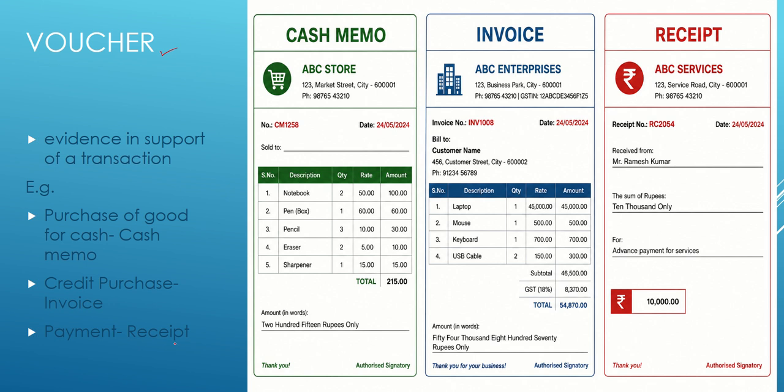So when you are entering such a transaction, you have to make sure that there is a supporting voucher for it, so that you can go back tomorrow and refer to it whenever it is required. I have given specimen models under voucher, the various vouchers. You can pause the video and take a look at it.